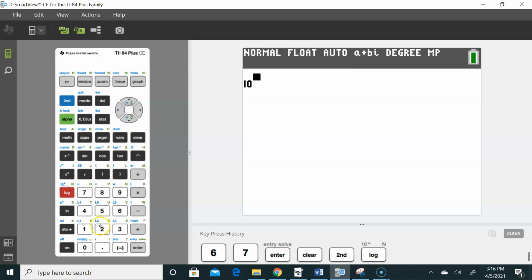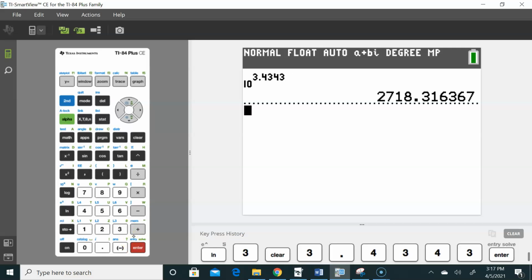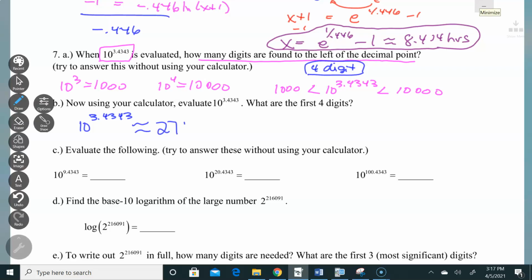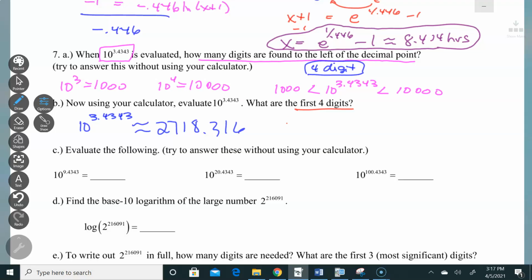And there's my number. 2718.316. Now to me, the significance is, what are the first 4 digits? 2718.